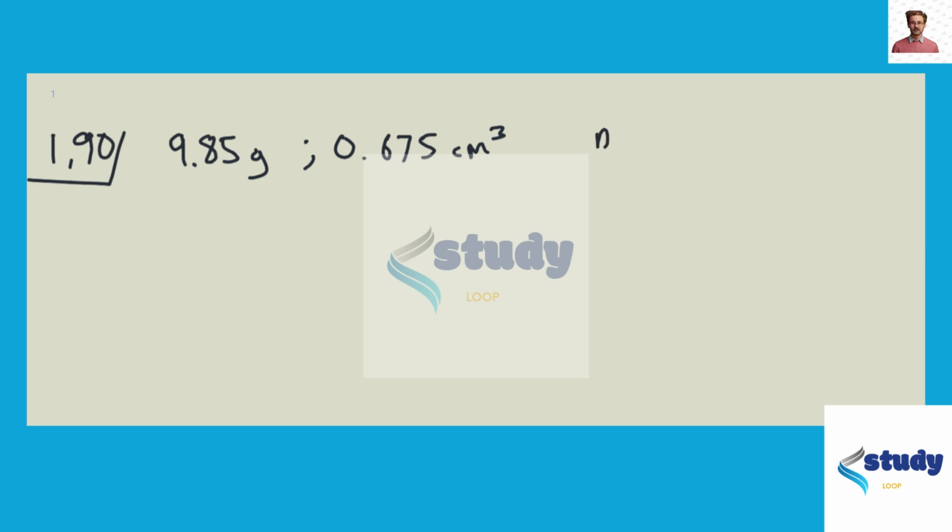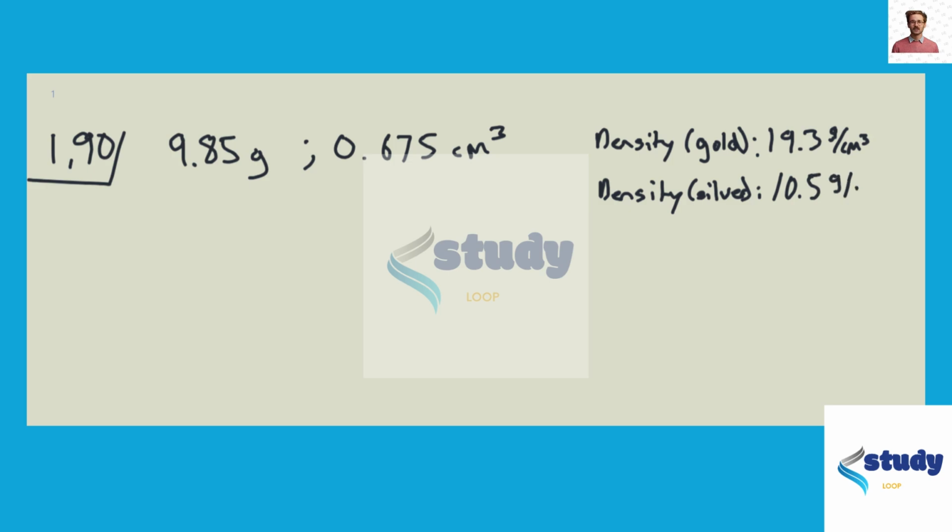And then we can write down the density of gold as being 19.3 grams per centimeter cubed, and the density of silver as being 10.5 grams per centimeter cubed.